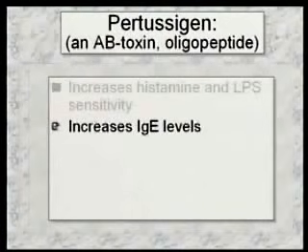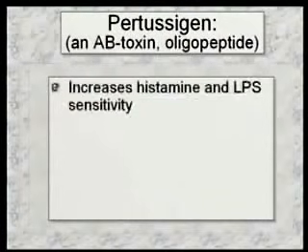The toxin increases sensitivity to histamine as well as LPS. So if you happen to be allergic and you have histamine being released, the pertussis toxin will make you more sensitive to it.